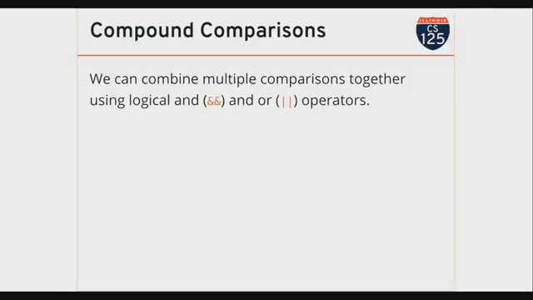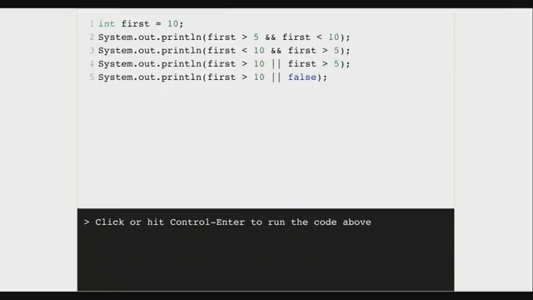But we can take one conditional statement, the result of comparing a variable against a constant or something like that, and combine it with another using 2 logical operators. One is a logical AND that returns true if both statements are true. The second one is a logical OR, which returns true if either of the statements connected by the OR is true. So here's some examples of this.